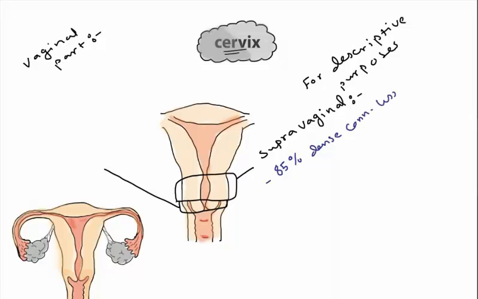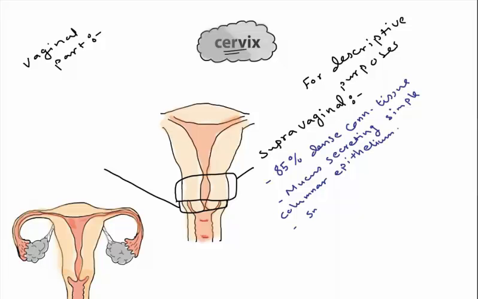The supravaginal part is about 85% dense connective tissue. It contains mucus secreting simple columnar epithelium and smooth muscle fibers. Now the supravaginal part is covered from the posterior part by the broad ligament.